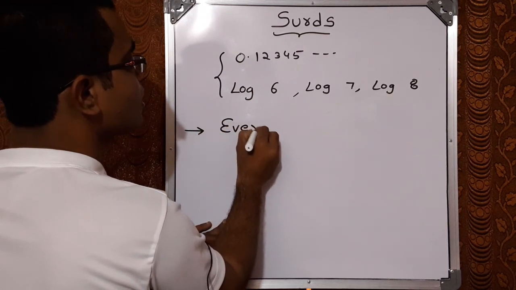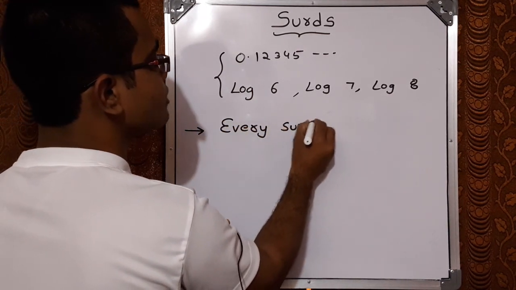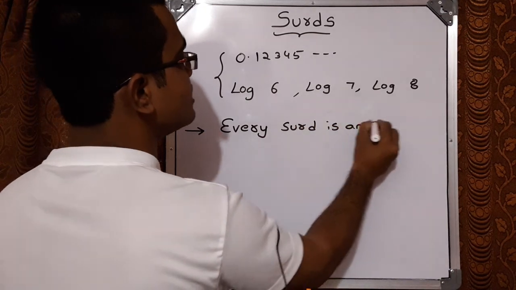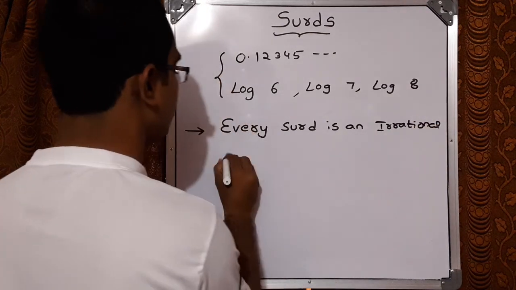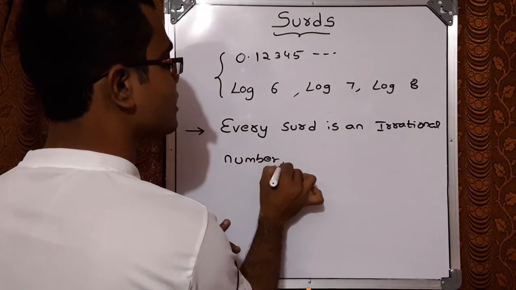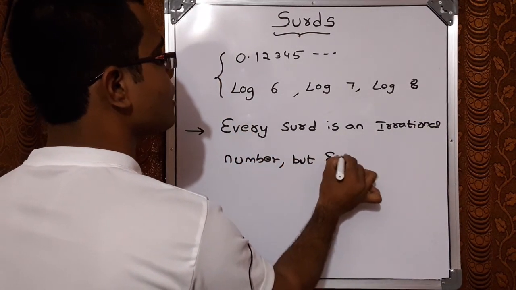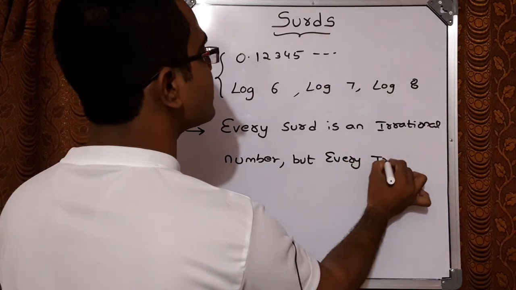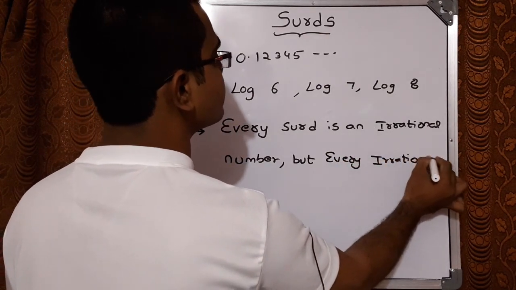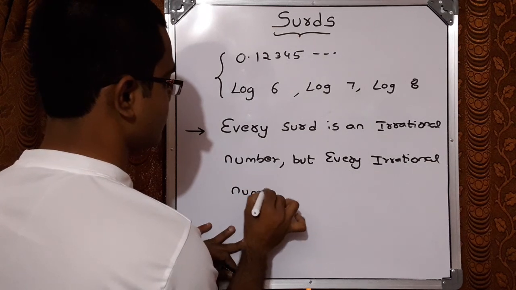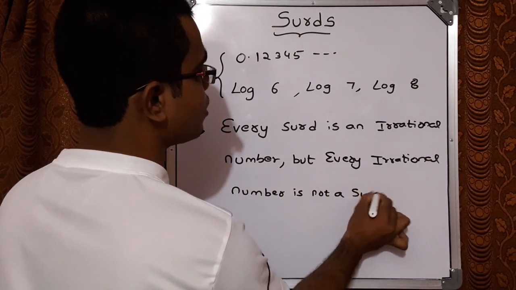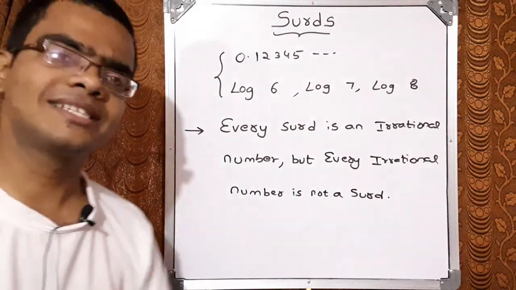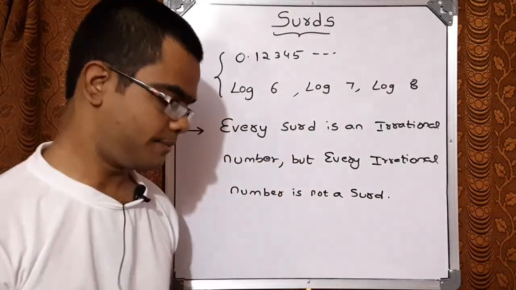Every surd is an irrational number, but every irrational number is not a surd. Okay, so after knowing this statement, let's see exactly what is a surd.